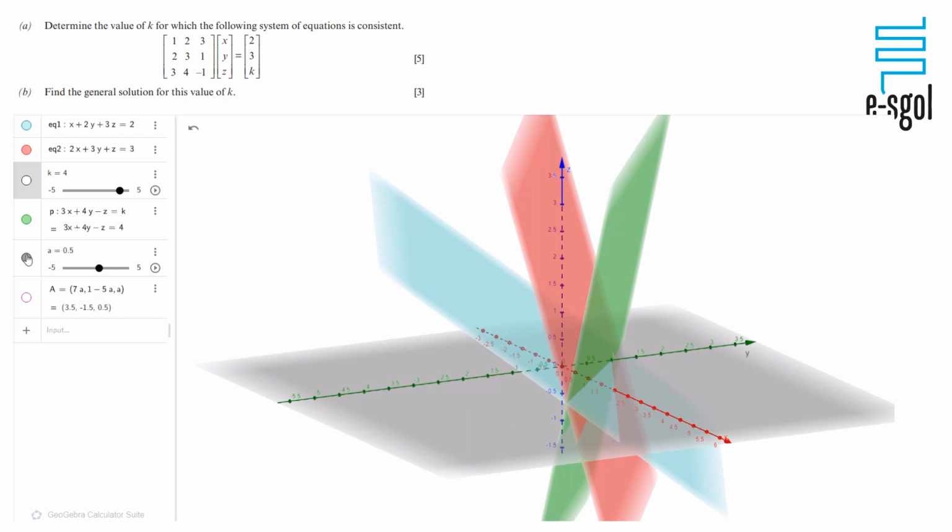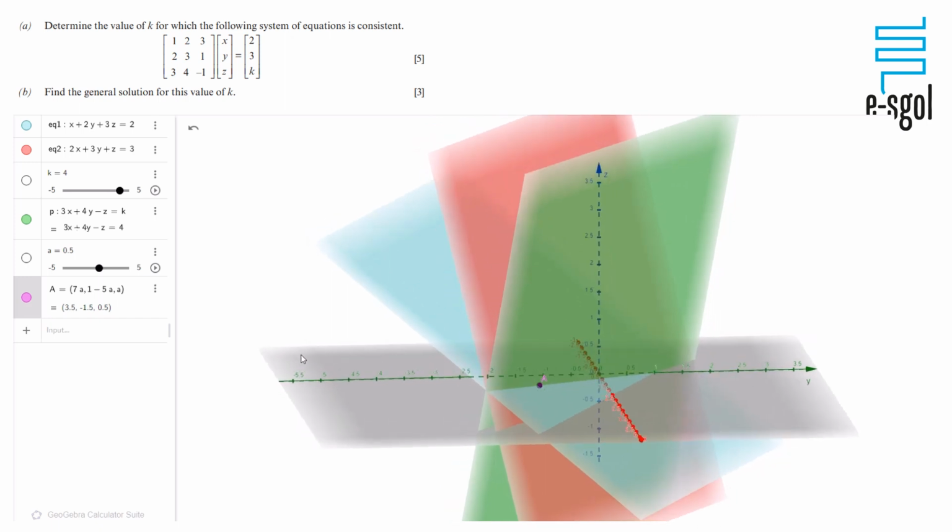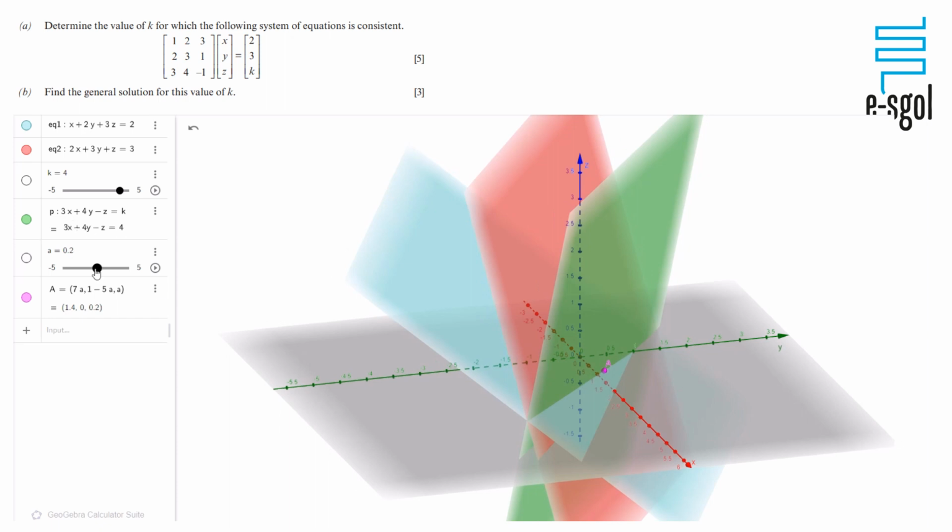If I turn that on, there we go, you should be able to see that dot a, and if I move this now, it should be anywhere on that line. So I'm changing the value of a, but it still creates a point where the 3 planes are meeting, and that's what we mean by a general solution.